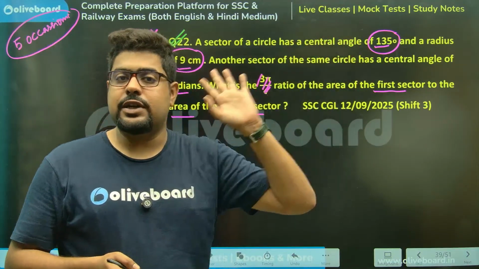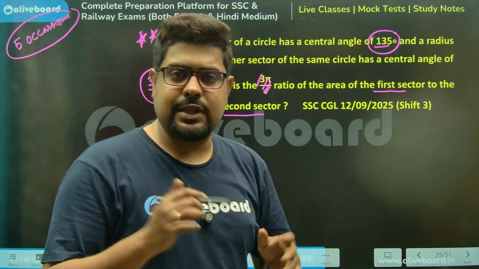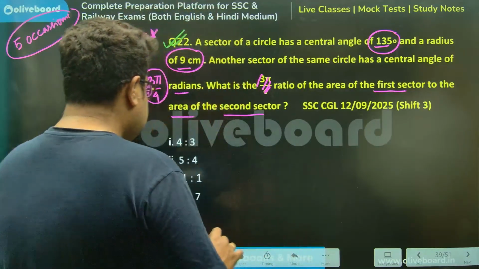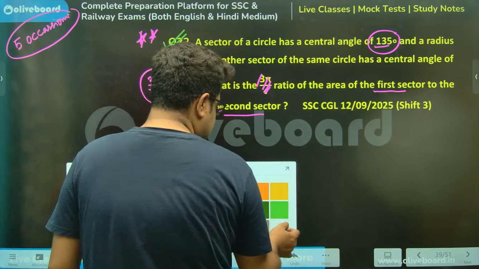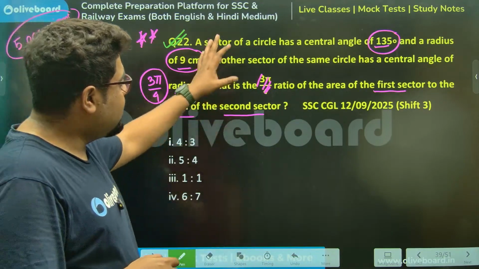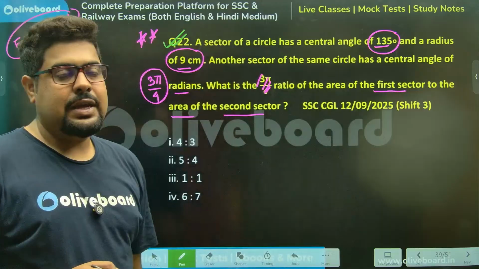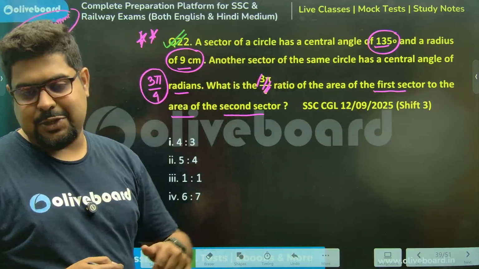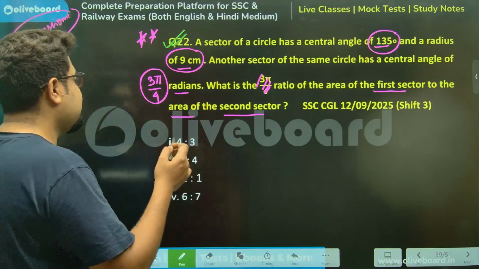No need to convert anything. But if you want to do it in one line, you must take the ratio. That's a better way to go.